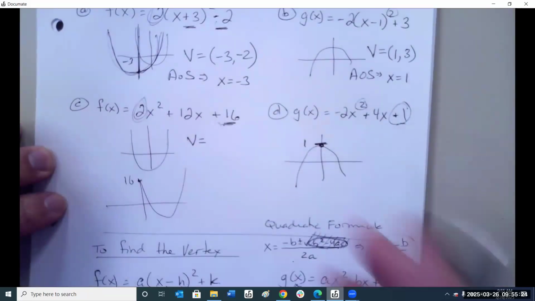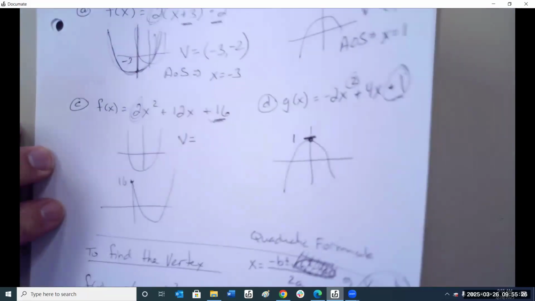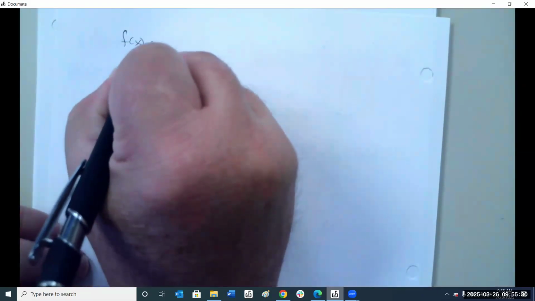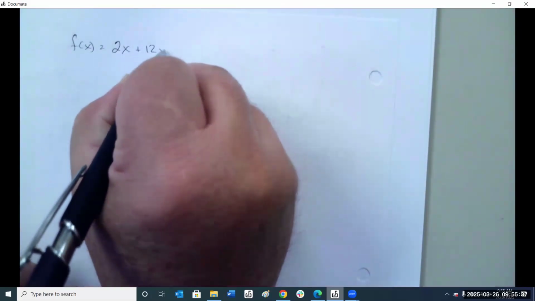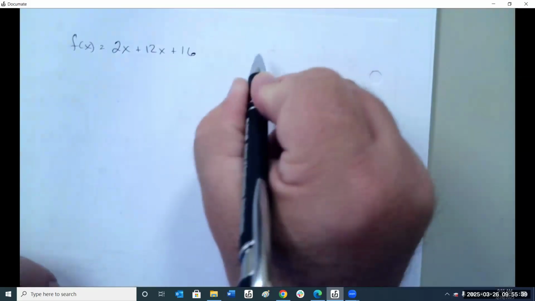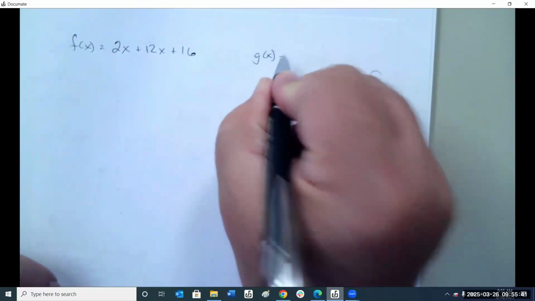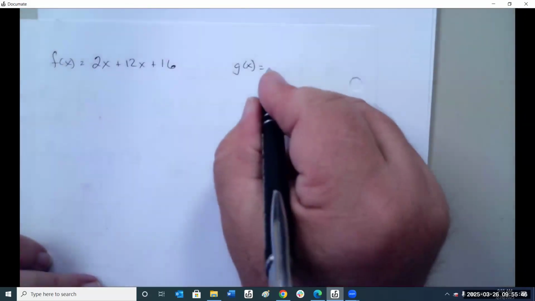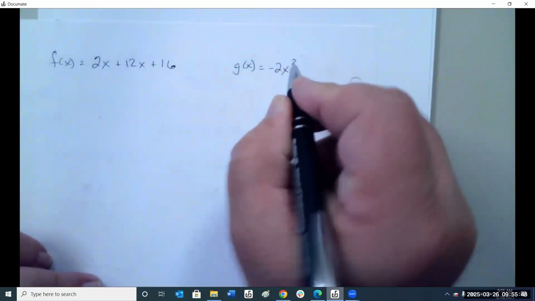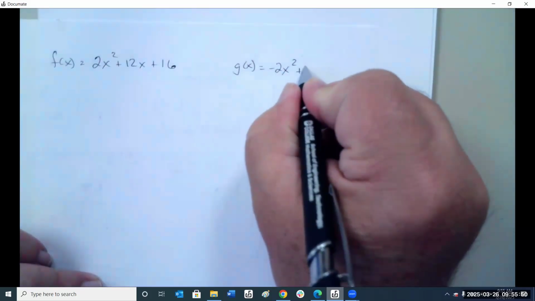Well, these next two, let's go ahead and do it on another page. I have more room. So we have f of x equals 3x squared plus 12x plus 16, and g of x is equal to -2x squared plus 4x plus 1.